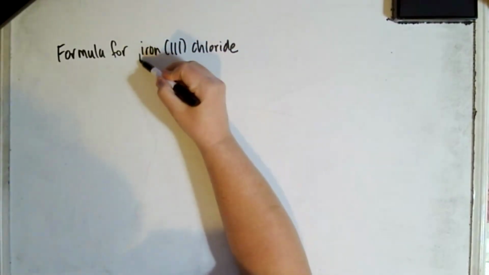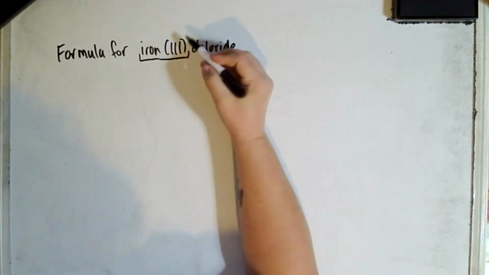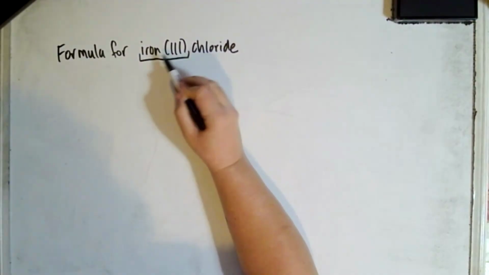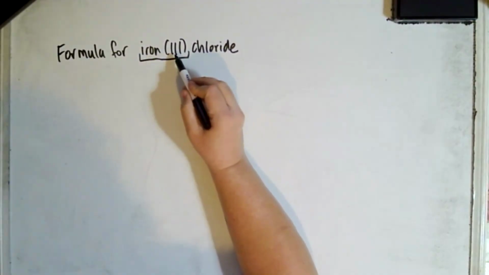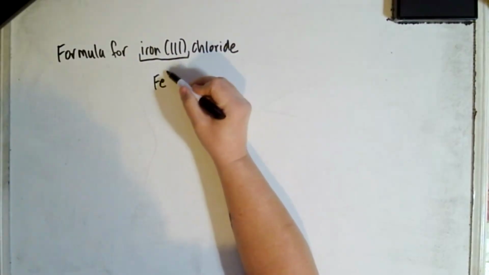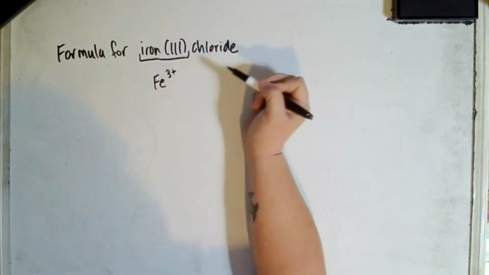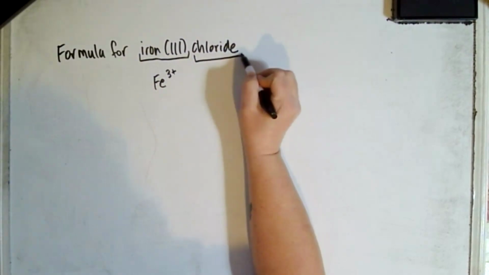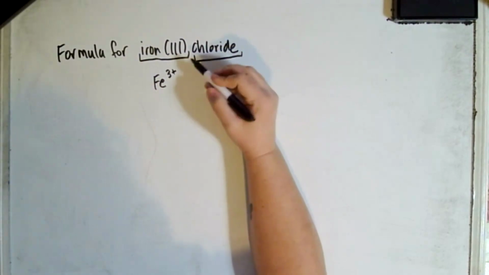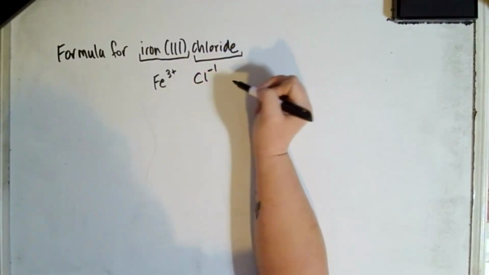The metal name up through the parentheses, this is telling you the name and the charge, or the symbol and the charge of your cation. It's iron, which is Fe, and it's 3, which means it's a +3 charge. For the anion part, it's chloride, which always has the same charge of -1.